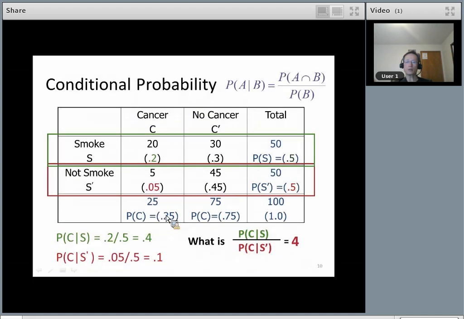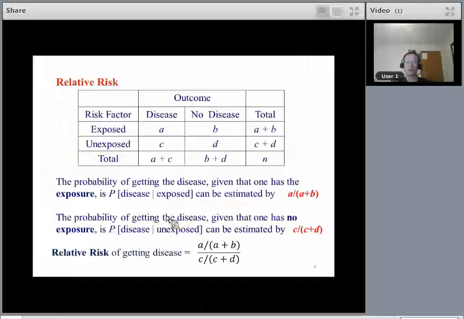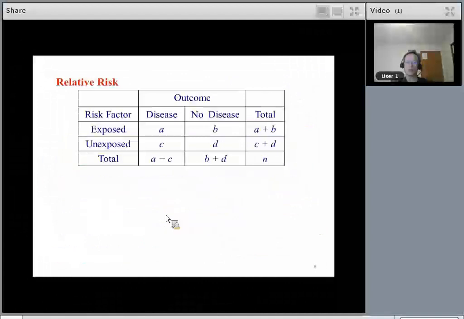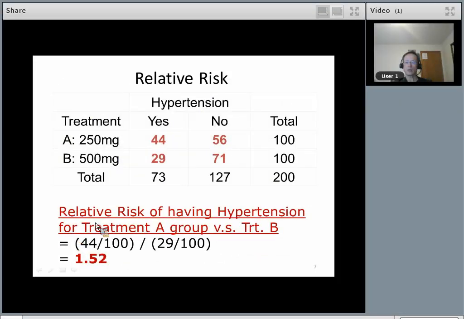When we interpret the relative risk, for instance in this case, we can say that the risk of treatment A to have disease is about 1.52 times the risk of treatment B to have disease. That's how we interpret the relative risk, because it's a ratio of two probabilities.